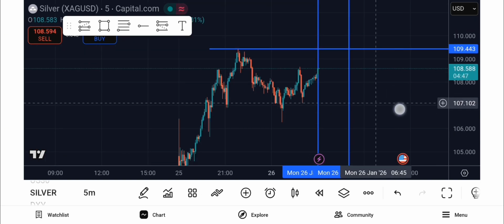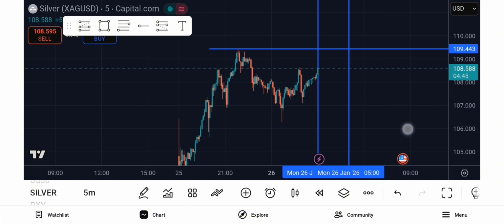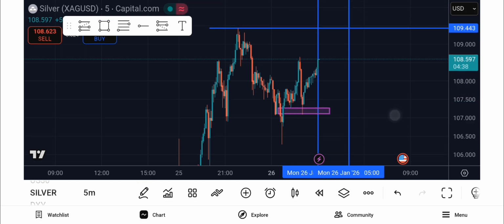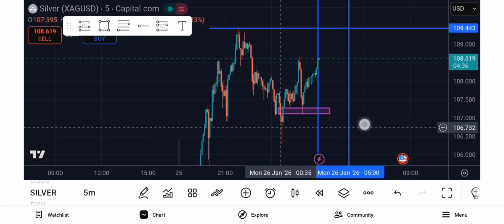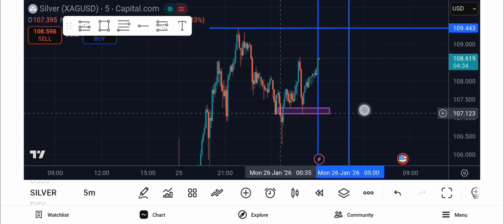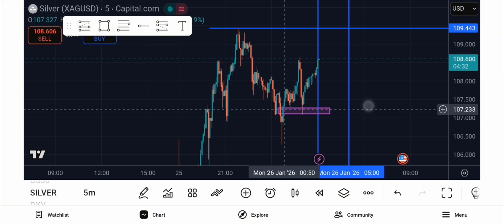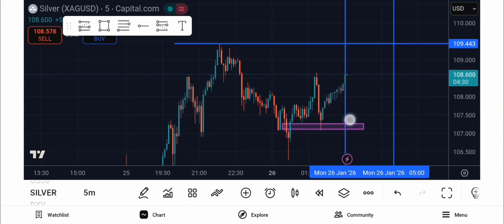On the 5 minute, we already see that there was a fair value gap taken out here. That's 1, 2, 3, a gap between the first and the third candles, right?